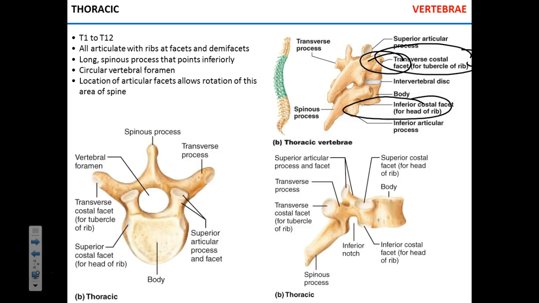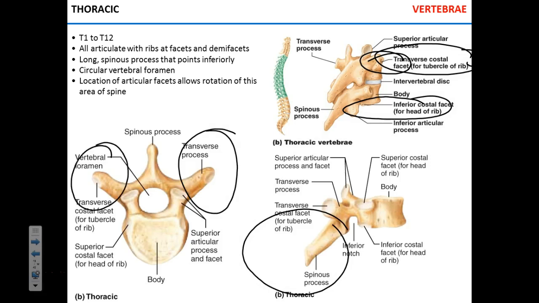Transverse processes are very noticeable. The spinous process is long and directed downward. Does that make sense? So downward directed spinous process, noticeable transverse processes, round vertebral foramen, larger body.